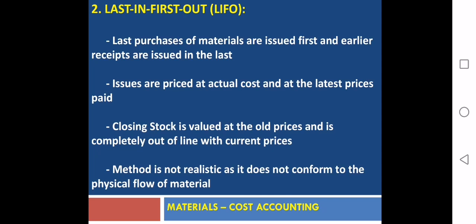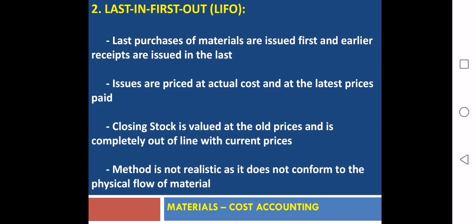Now let us see the second one, last in first out. The last purchase of materials is issued first. Earlier receipts are issued last. Say, for example, January 1st, 5th, 10th and 15th. These 4 days we received the material, of which the last received is the 15th.